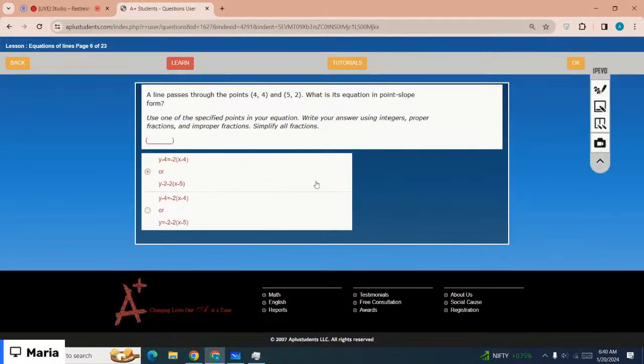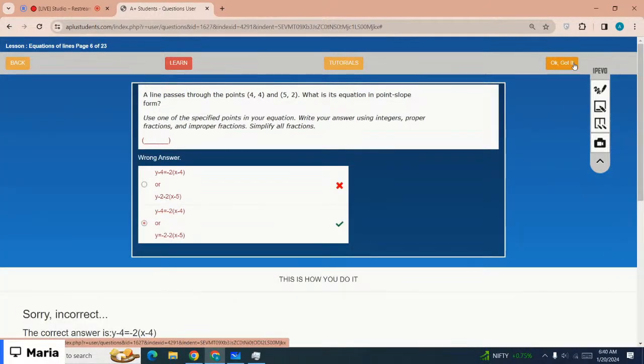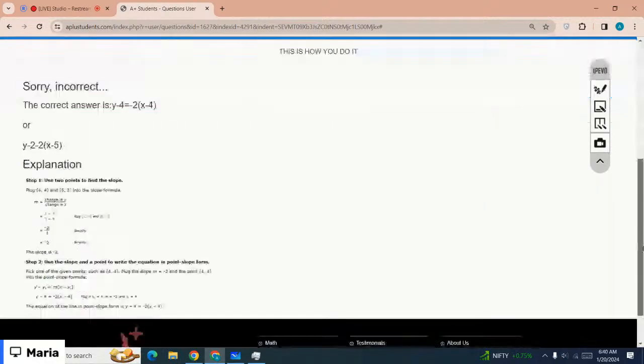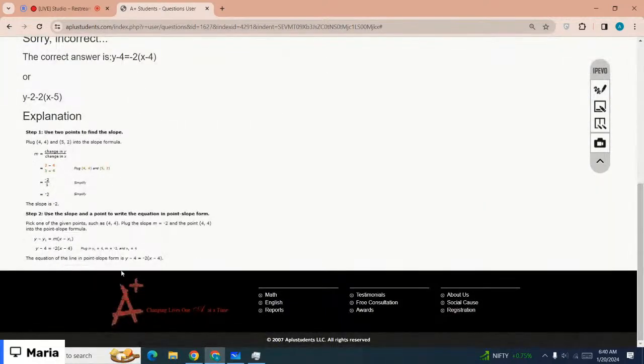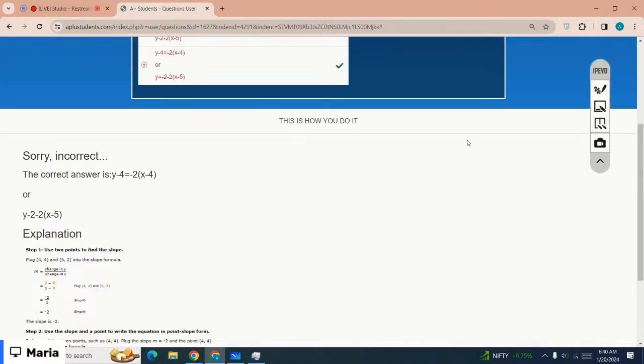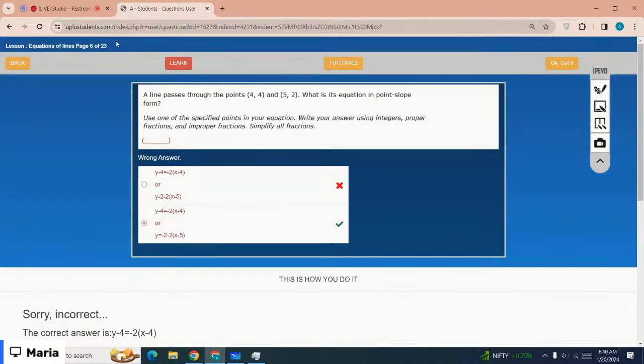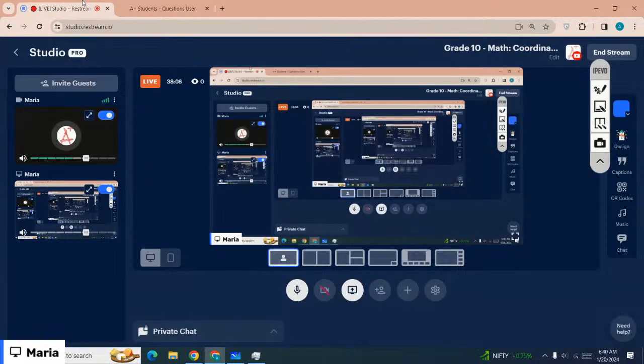Okay, you can complete the lesson by yourself later today. Let me just move on. You have an equal sign here, y minus 4 equals negative 2 times x minus 4. Yes, there is something wrong in writing the options. Option number 2 is the correct option. Okay, you can complete the lesson by yourself later today.